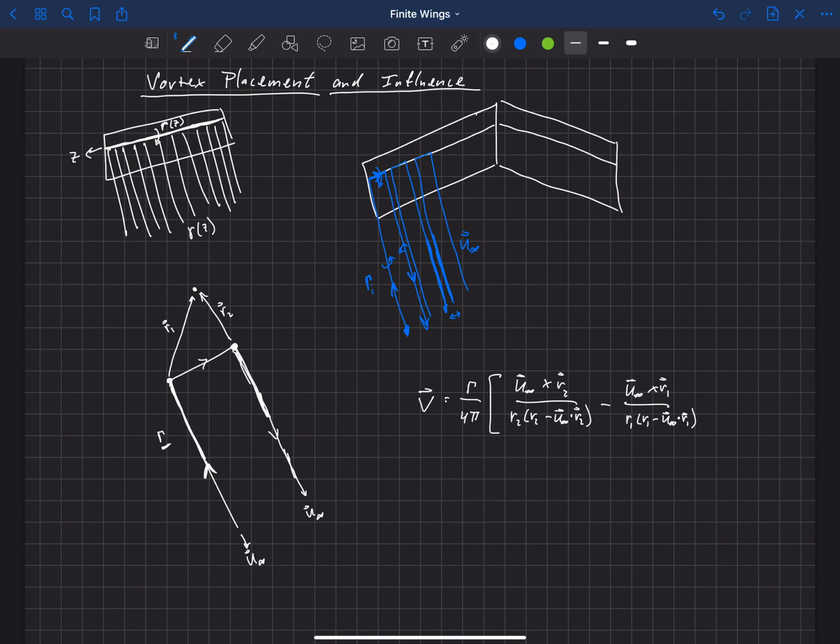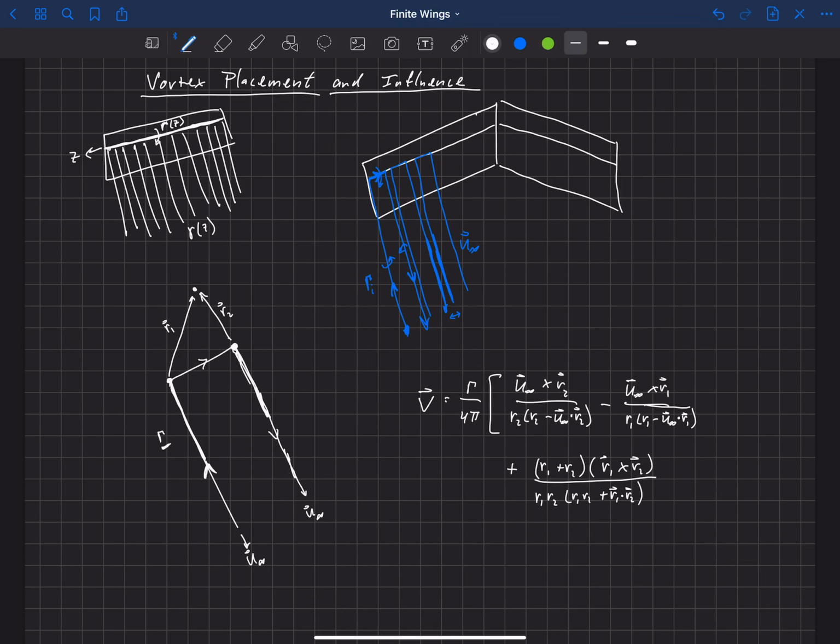Okay, so those are two trailing segments, and then the bound segment is simply r1 plus r2 times r1 cross r2 divided by r1, r2, r1, r2 plus r1 dot r2.